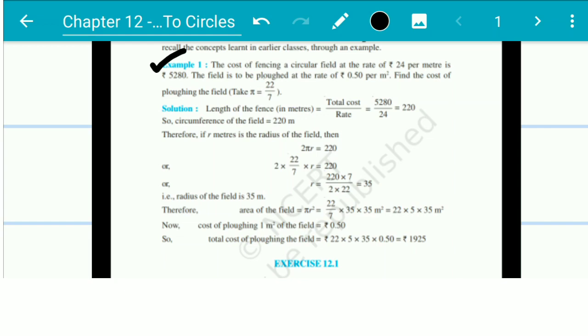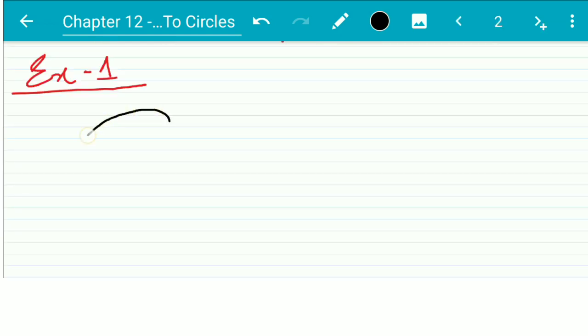So in the question they have given us the information that the cost of fencing a circular field is 5280, taking 24 rupees per meter. What we need to find is cost of plowing the field, given that rate of plowing is 0.50 rupees per meter square.